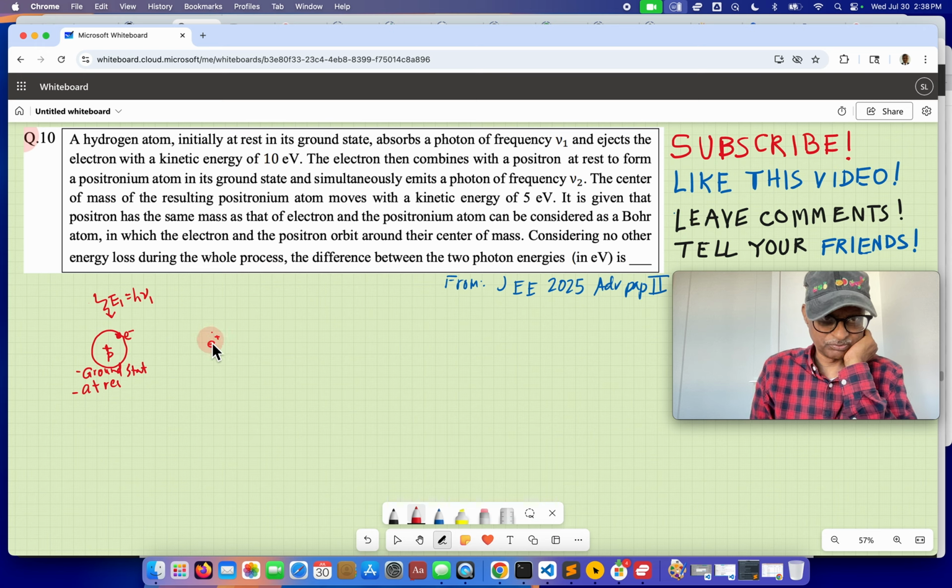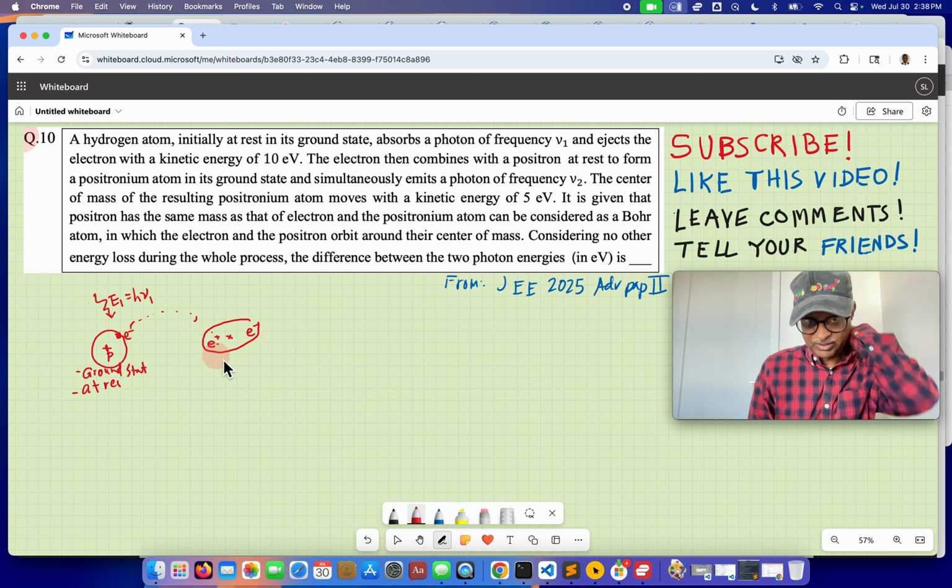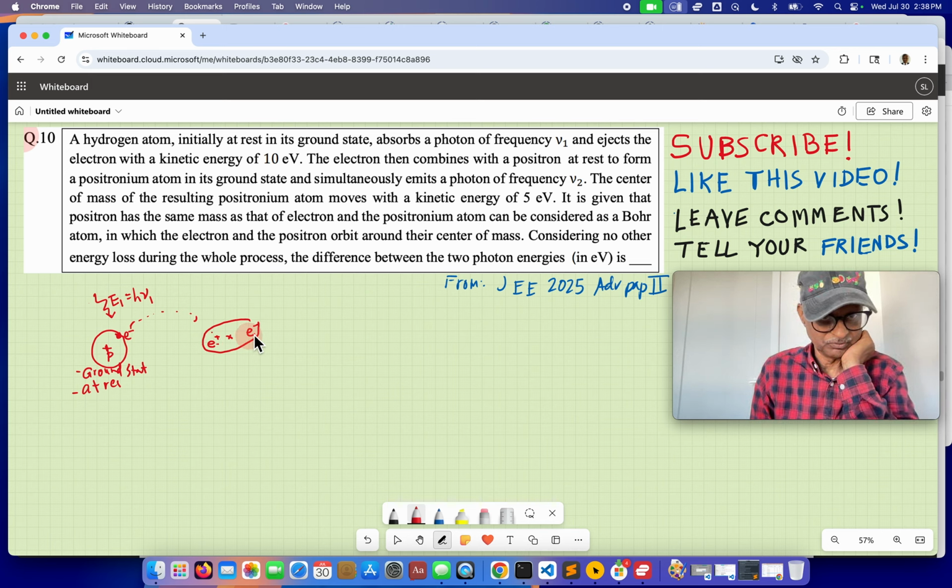This electron then lands and makes another atom, and so they rotate about the CM. And the CM is moving with kinetic energy.